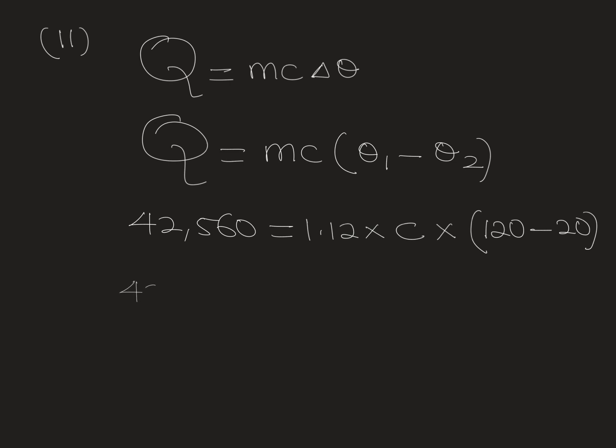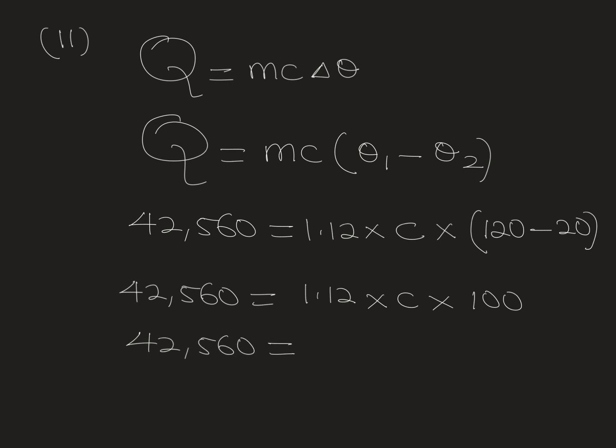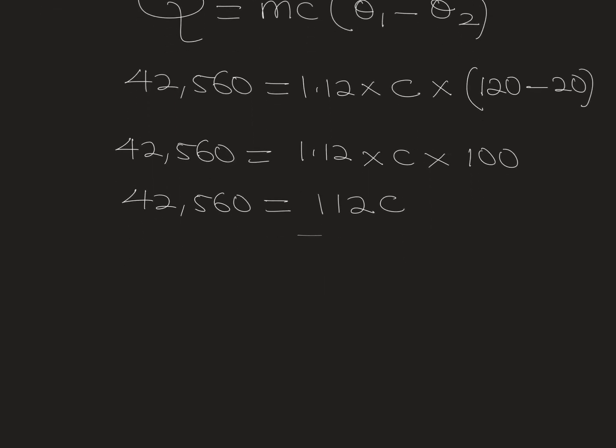So that will be 42,560 is equal to 1.12 times C times 100. 42,560 is equal to 1.12 times 100, which is 112, multiplied by C, that will be 112 C. So to find C, we divide both sides by 112.